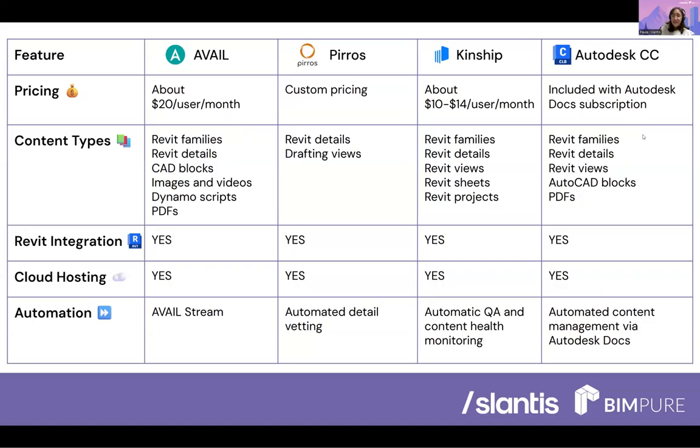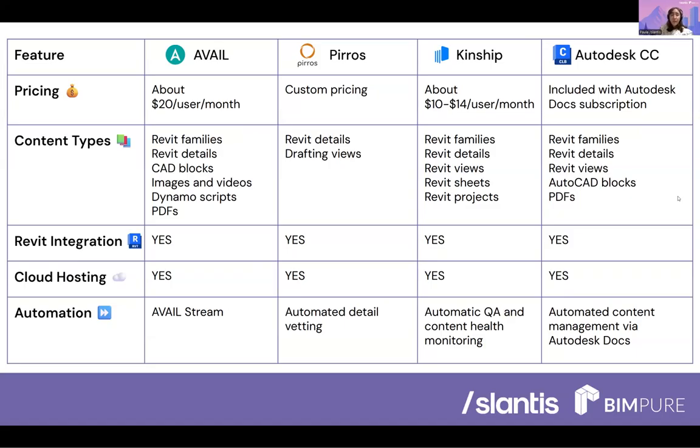This is a little list of what each one of these supports. Avail, I think, has the widest range of file types. Piros is specifically, for now, for details. Kinship is specifically for Revit content, and Autodesk Construction Cloud has a couple more, like PDFs and AutoCAD.